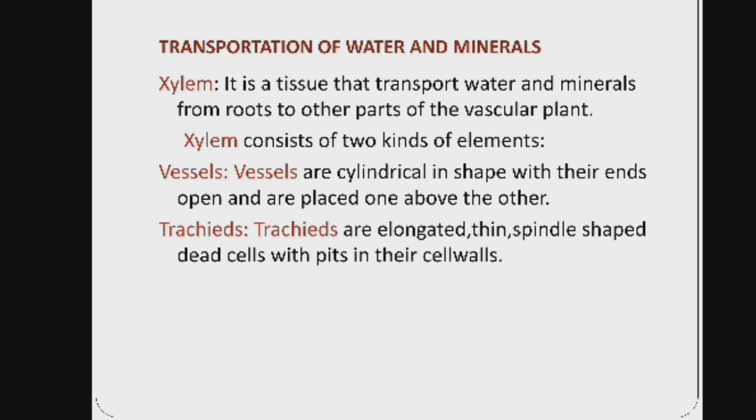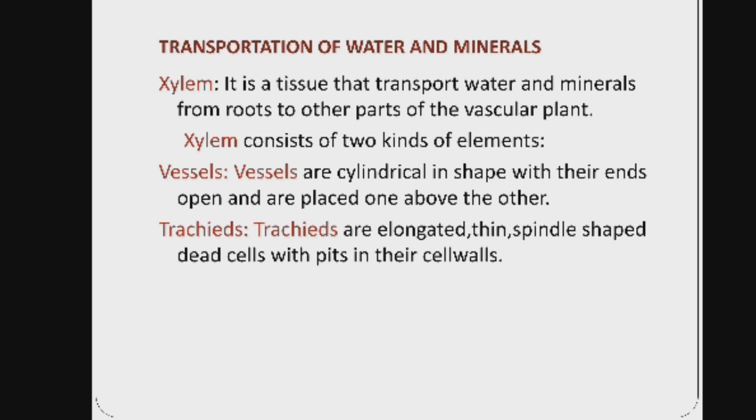Now let us know about the transportation of water and minerals. As we know, the xylem helps in the transportation of water and minerals. So what is xylem? It is a tissue that transports the water and minerals from roots to other parts of the vascular plant, and it consists of two kinds of elements, the vessels and tracheids.